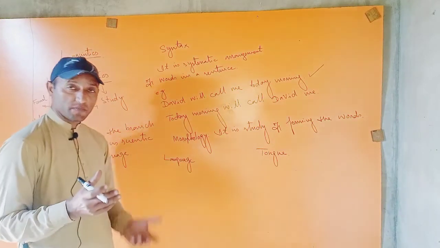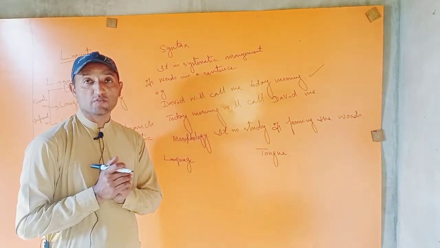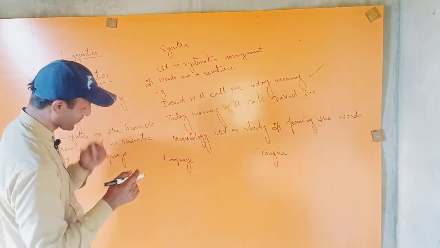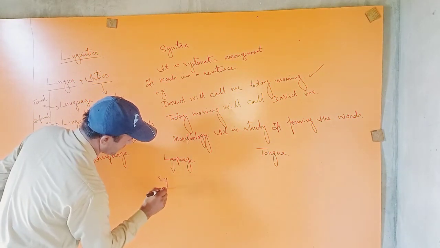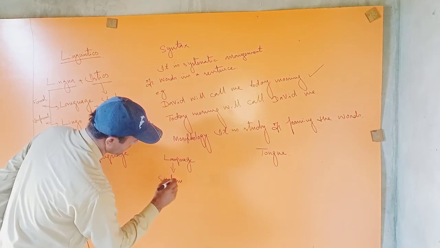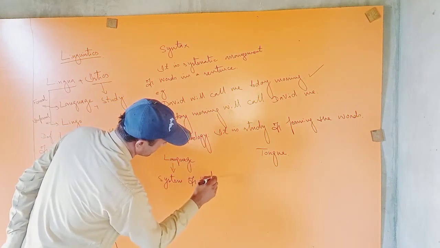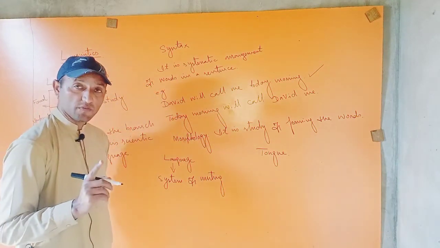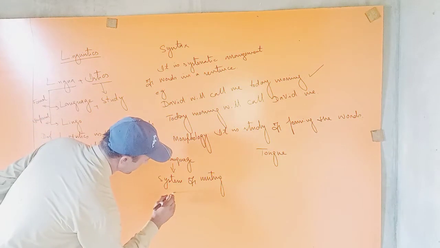What is language? Language is the system of communication through which you can share your ideas. But it has a difference: it has a system of writing, which means we have orthography.